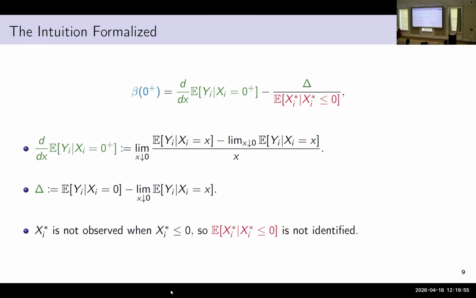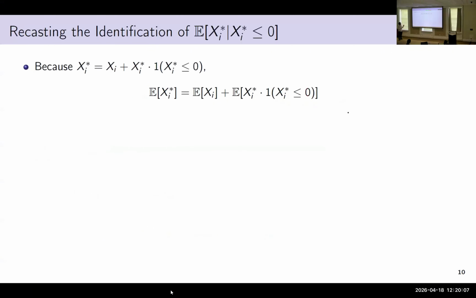The problem, as we know by now, is that we don't observe x star on the negative side, so this is not identified without further assumptions. But let's think a little more about that. Notice first this equation at the top. I'm just rewriting what I already showed you. x star equals x when x is positive, and x star equals itself when it's negative. That's a tautology. But let's take expectations on both sides.